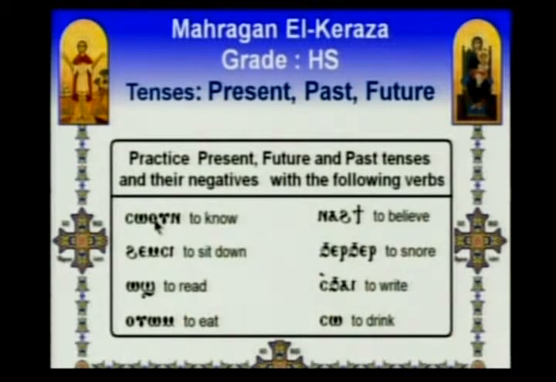For the future, ti na su'un, and for the past, I su'un, and then the negative past, mp su'un. You apply this to all these verbs: su'un, to know; hemsi, to sit down; osh, to read; o'om, to eat; nahti, to believe; khel khel, to snore; eschai, to write; and so, to drink.